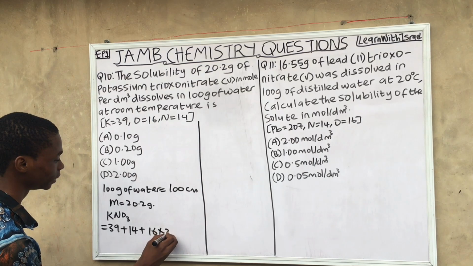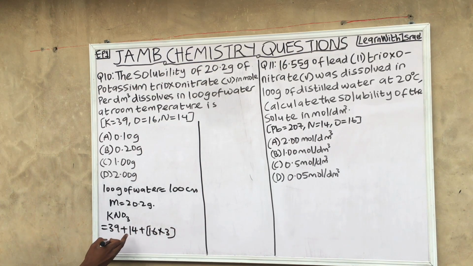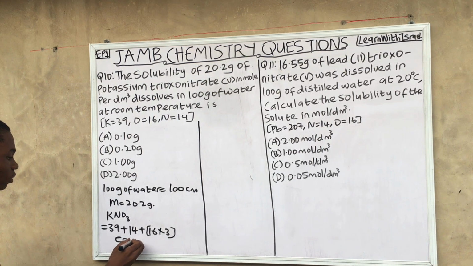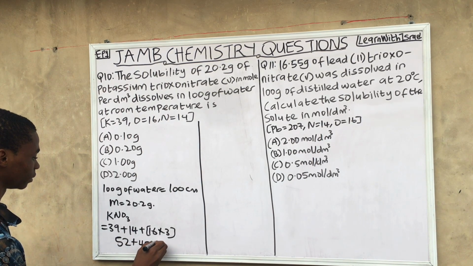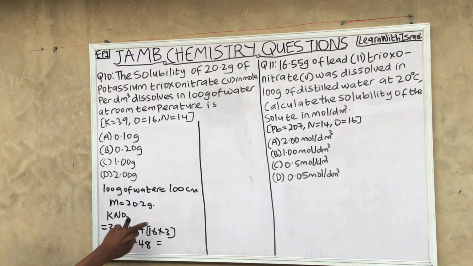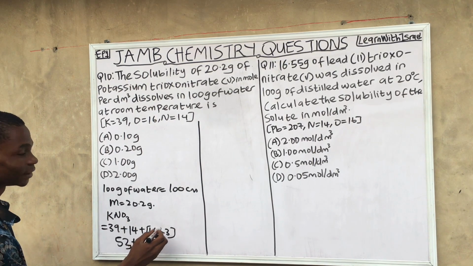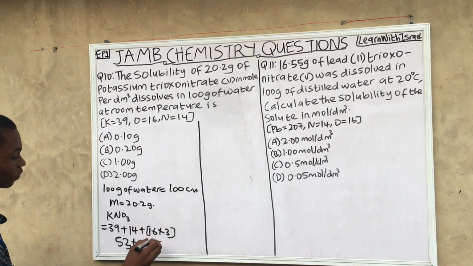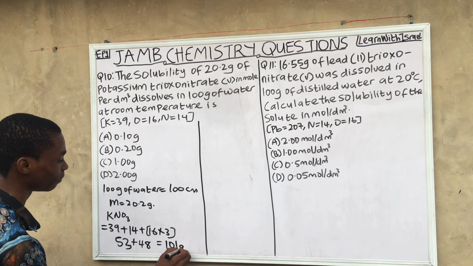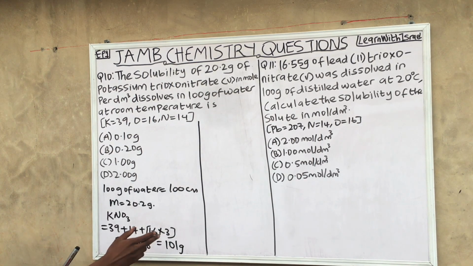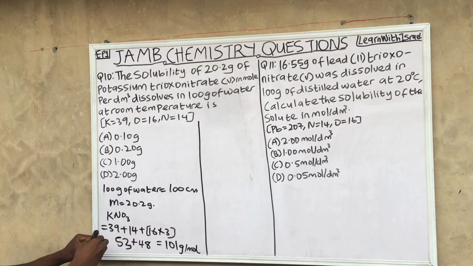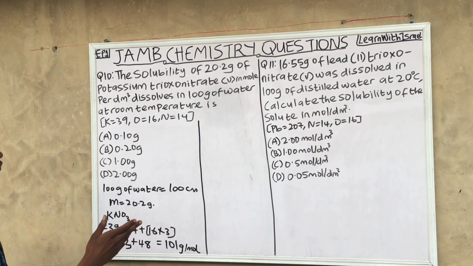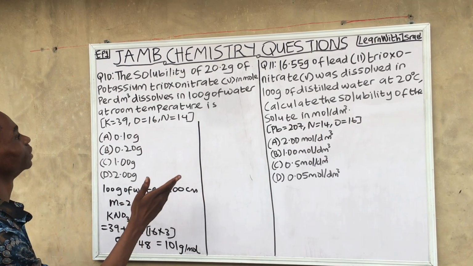So 39 plus 14 is 53. 16 times 3 is 48. So 53 plus 48 is 101 gram. So our molar mass is 101 gram per mole. And our mass is 20.2 gram, and our volume is 100 centimeter cube.